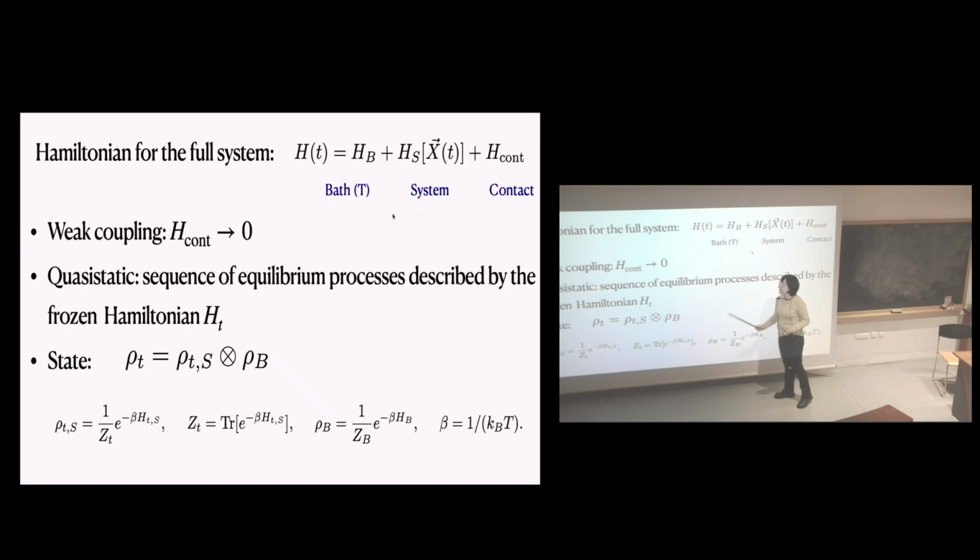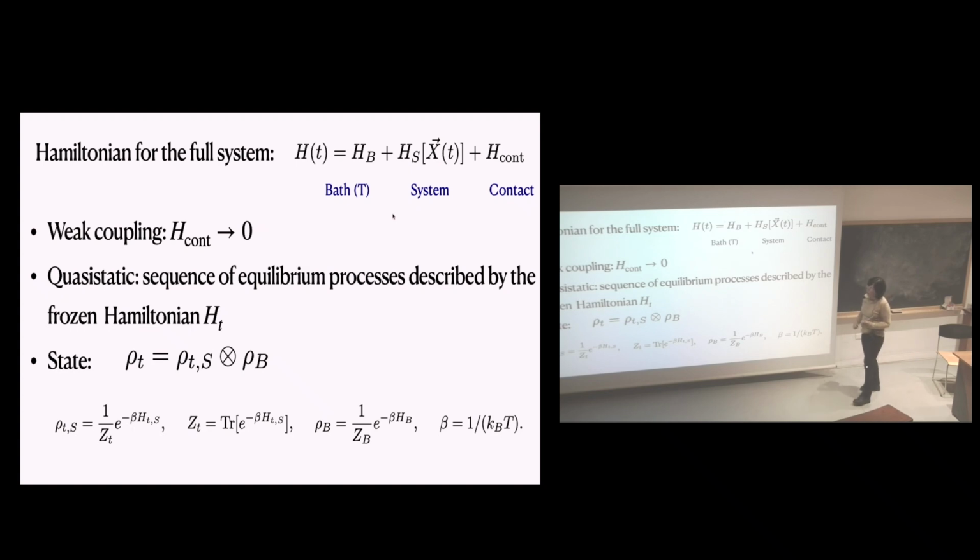So we have this contact Hamiltonian, which we can make vanishing or very, very small. And we will think, as I said, of a sequence of equilibrium processes corresponding to frozen values of the control parameters.